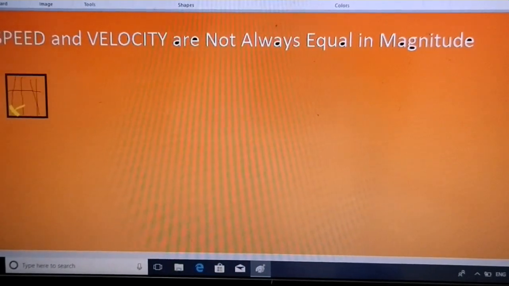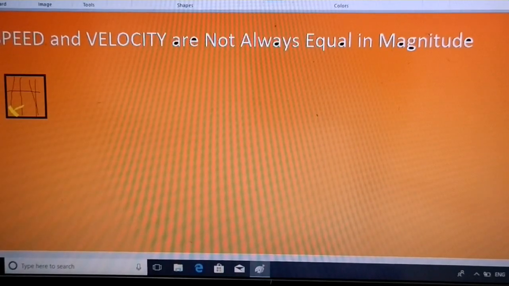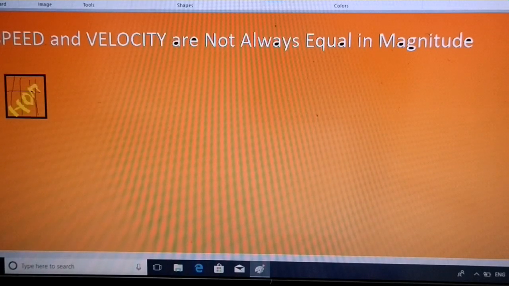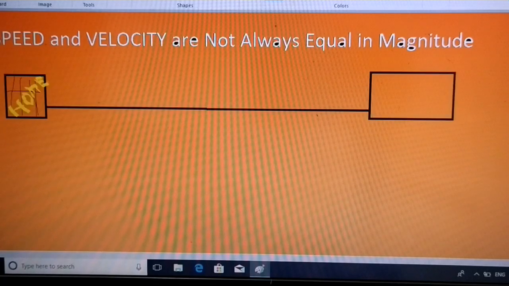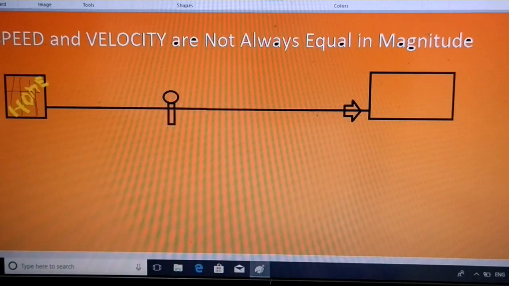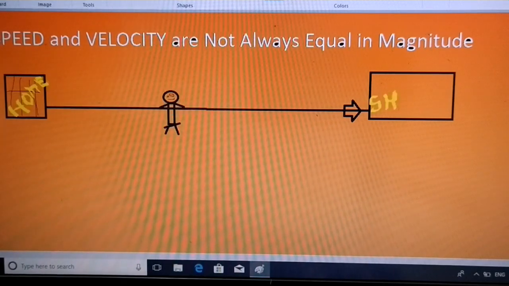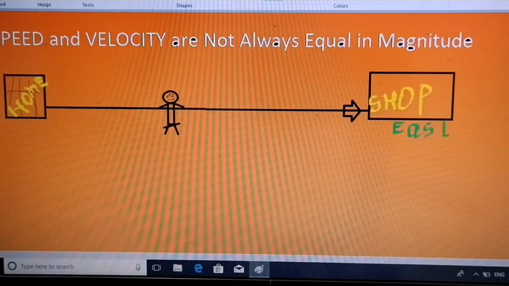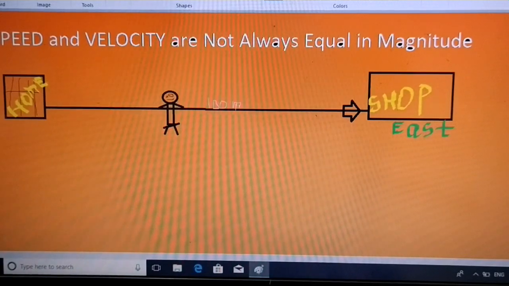Suppose a child runs a distance of 100 meter in 50 seconds in going from his home to the shop in the east direction in a straight line.